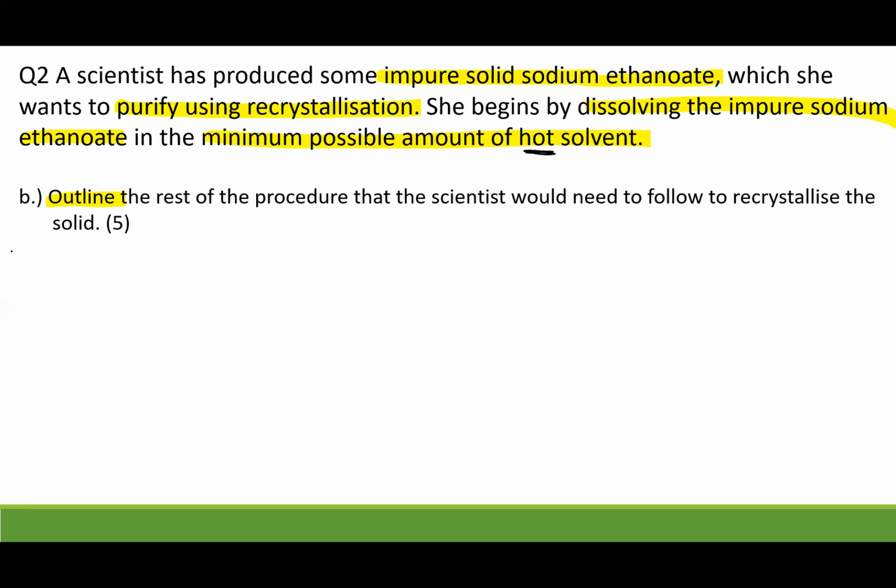The next thing that she's going to do is filter the hot solution, and it's important that you include the temperatures in this. I don't want the word solvent there, sorry, I want the word solution. It's hot because we've added a hot solvent to it, and it's a solution because we've now got our impure solid sodium ethanoate mixed with the hot solvent.